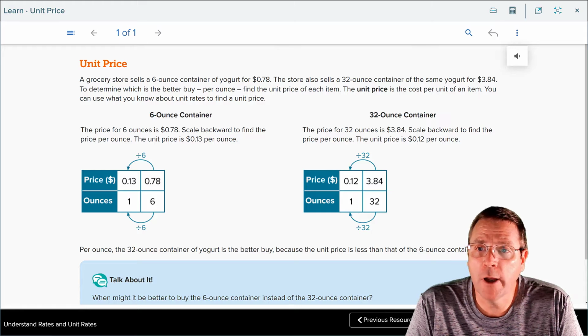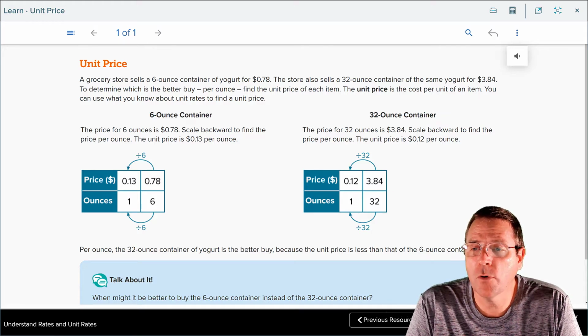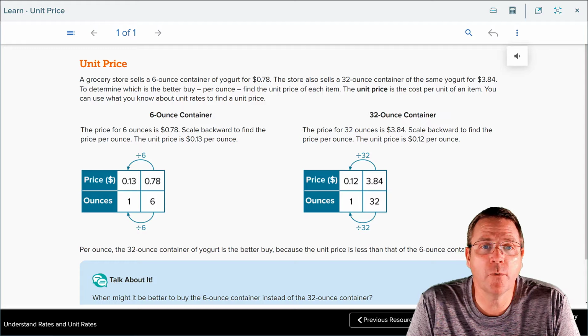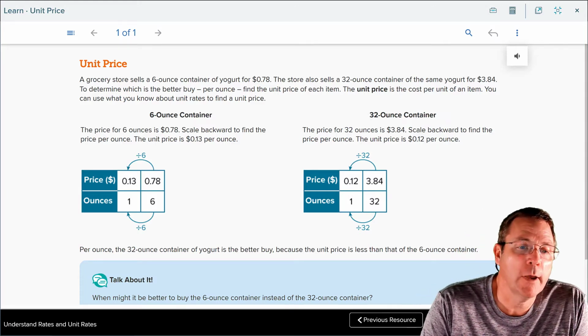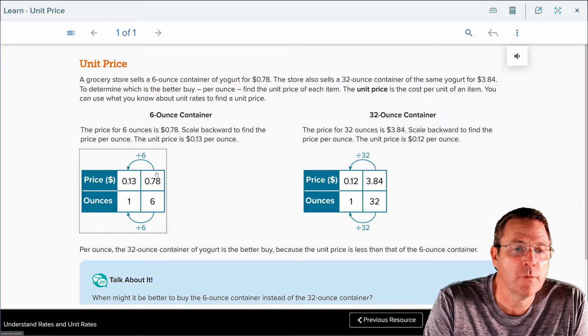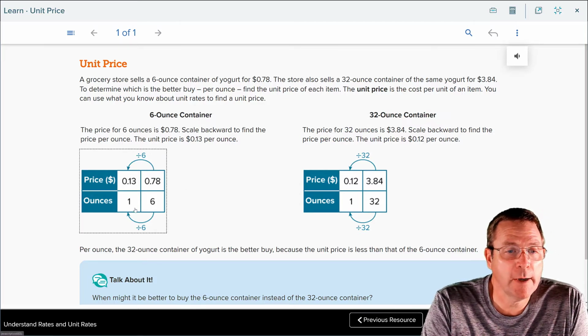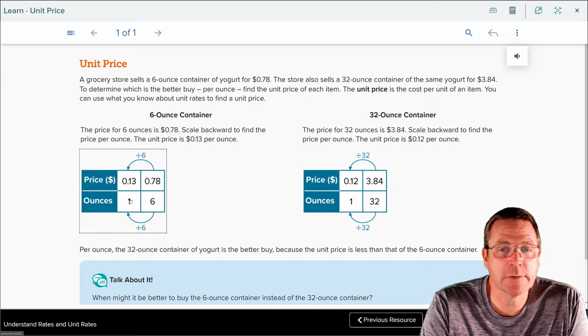The unit price is the cost per unit of the item. So unit price is a unit rate involving money. You can use what you know about unit rates to find a unit price. So the first one, you have the 6-ounce container for 78 cents, and they divided top and bottom by 6, which ended up telling them it was 13 cents per ounce.